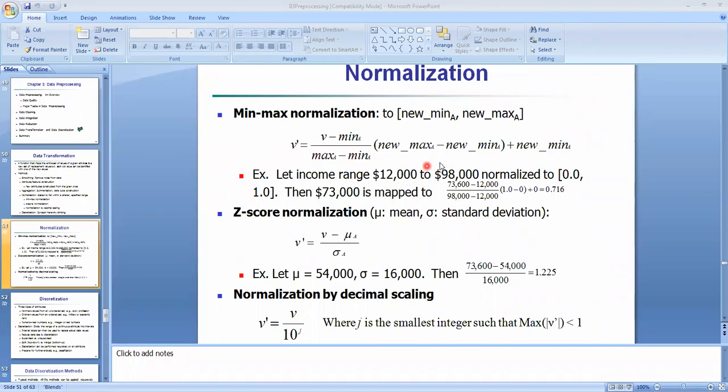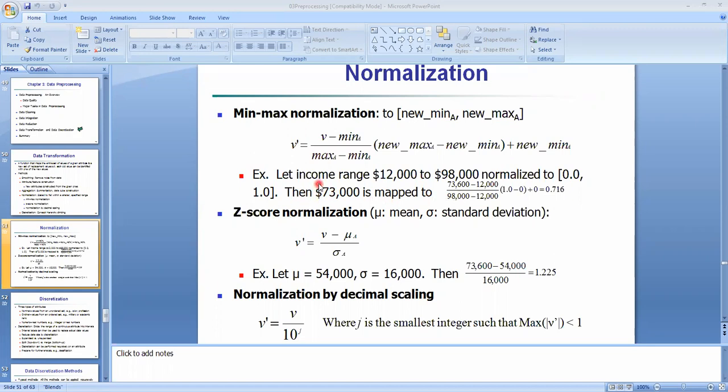We'll see one example here. Let the income range be from $12,000 to $98,000. Now it is normalized to 0.0 and 1.0. A value of $73,000 is mapped to, for example, what you can see over here.